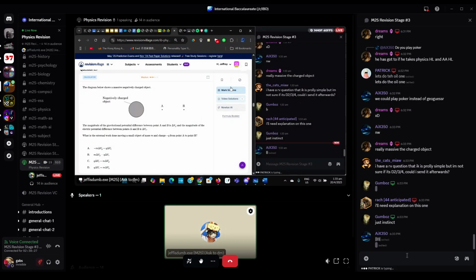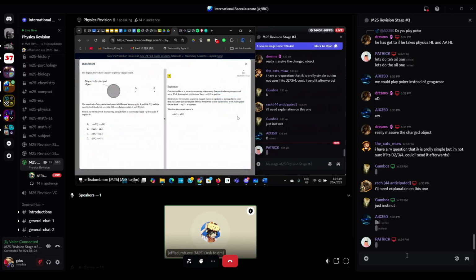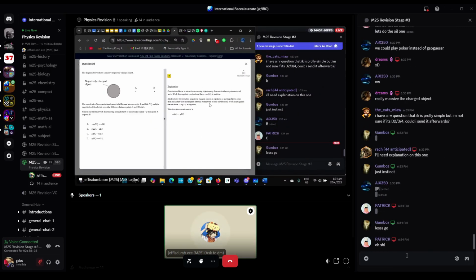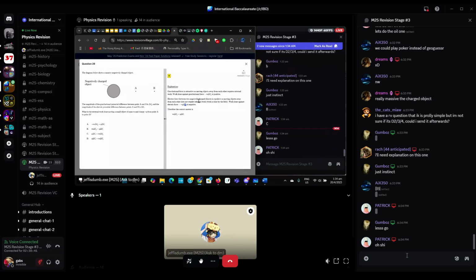I agree, it's B. I'm not sure, but I don't really trust my brain at 1:30 a.m. So yes, it's B. It's just defined because delta V_G is the amount of work needed per unit mass, so you multiply by mass to find the work done needed. Then delta V_E is the work done needed per positive charge, so when you have a negative q, you need to multiply that in, so you get a negative q there. So that's that.